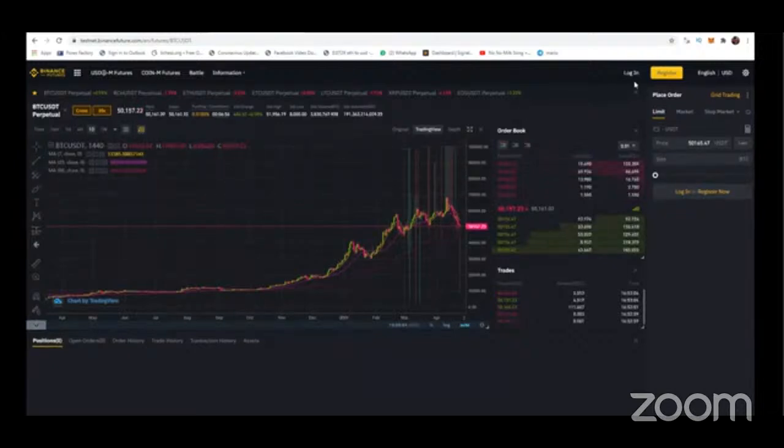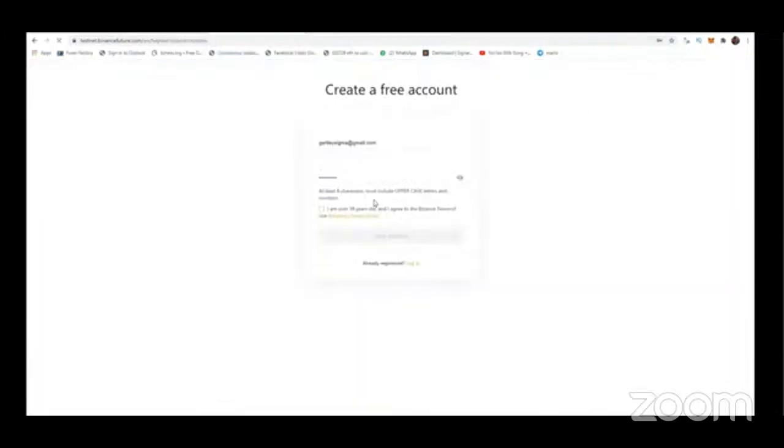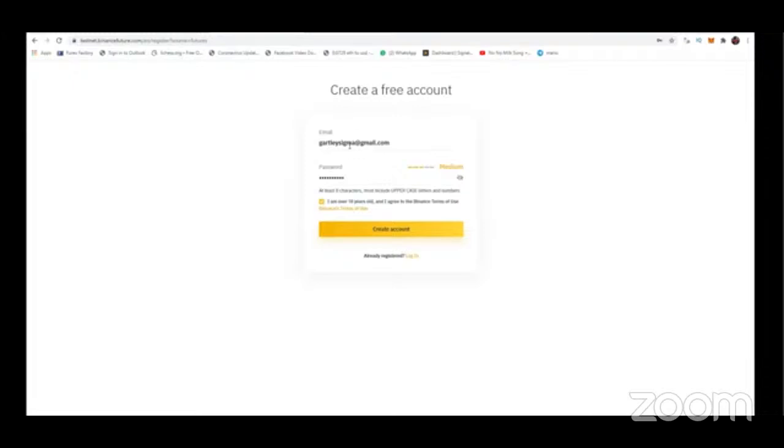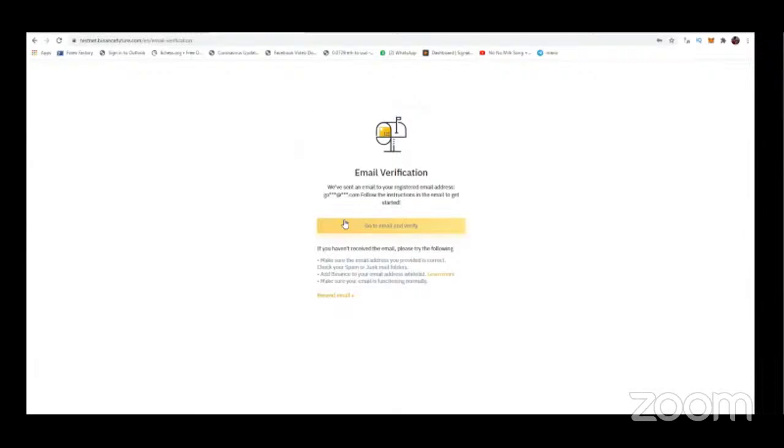And so all you just need to do is to click on register if you are just starting. So you click on register, and then you put in your email address, and then you put in your password, and then you click I am 18 above, and then you click on create account. And that's all you need to do on the testnet. The last thing you need to do is to go and confirm this registration in your email.